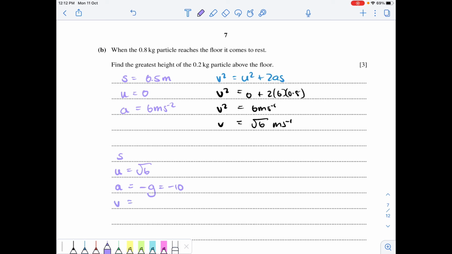We know that at the maximum height of the particle, its speed will be 0, so its final velocity will be 0. So again, using v squared equals u squared plus 2as, we can just solve for displacement now. This is going to be 0 equal to 6 plus 2 times minus 10 times displacement. And so we get displacement equal to 6 divided by 20, which is 0.3 meters.